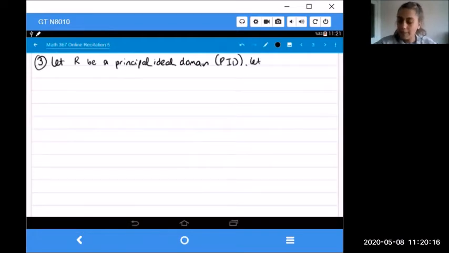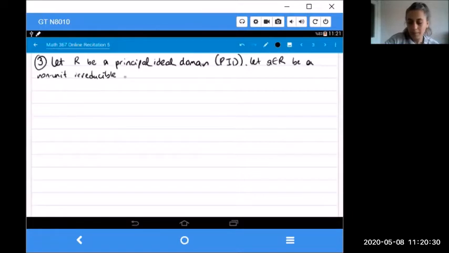And let a be a non-unit irreducible element of R. Now we are going to show that if we take an irreducible element in a PID, it generates a maximal ideal.